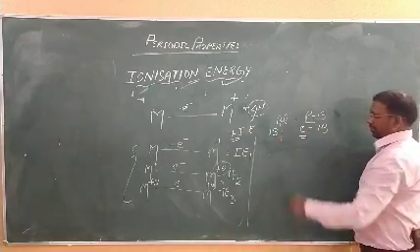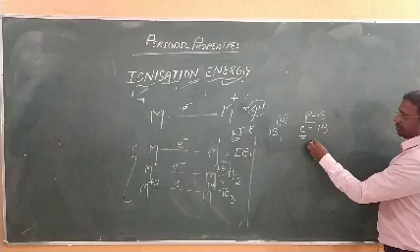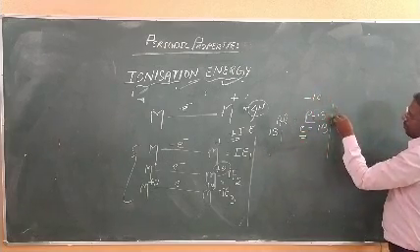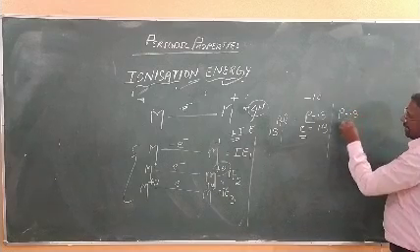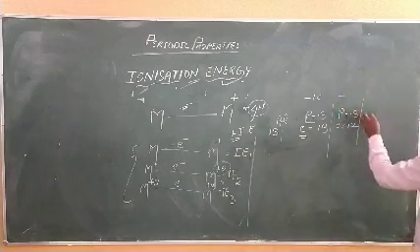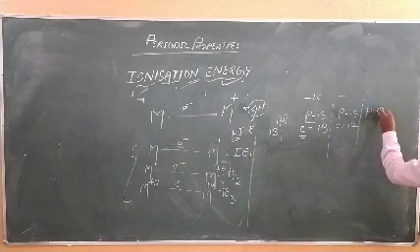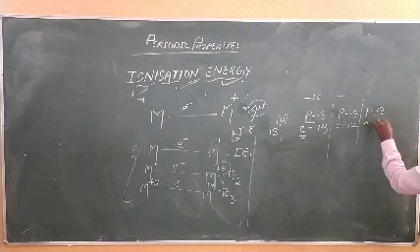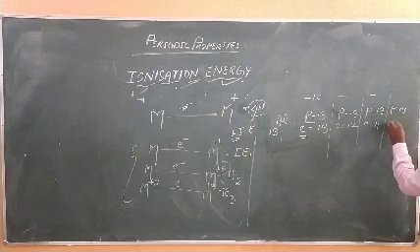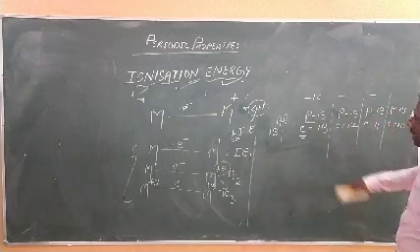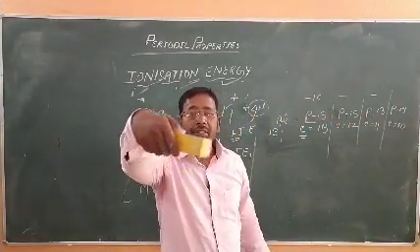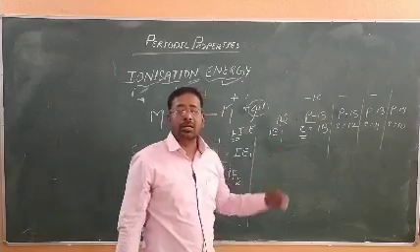First we remove one electron. What will happen? Protons will be the same, electrons will be 12. Again we remove one electron, protons will be 13, electrons will be 11, and again removing, protons will be 13 and electrons will be 10.